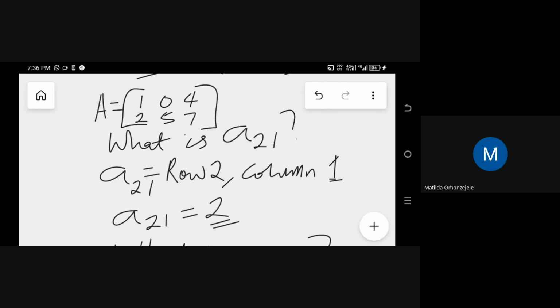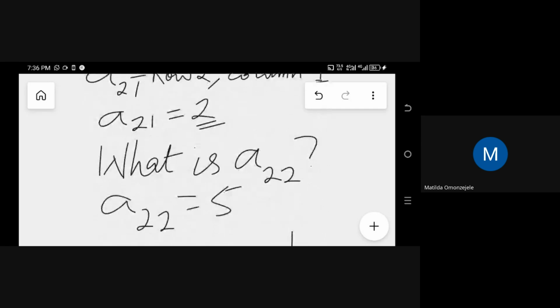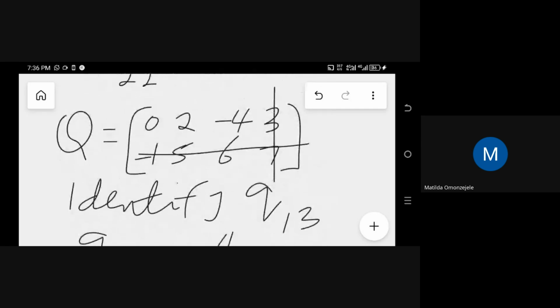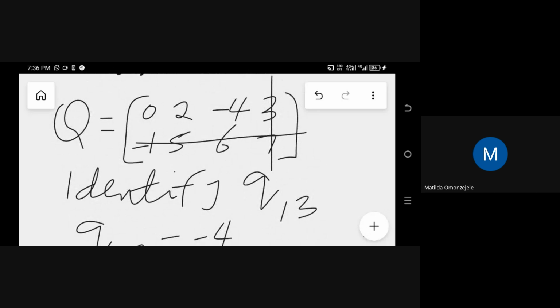Then we had another matrix here, matrix Q. We identified Q13 as the element at row 1, column 3, which gave us -4.